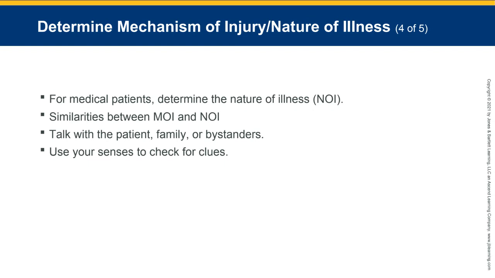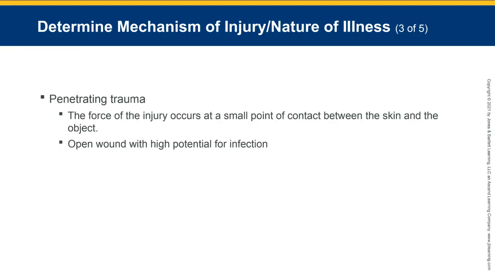Now, before I move to the nature of illness, what is important to note about the mechanism of injury is it is associated with trauma. And if we're thinking about trauma, we have to think about the forces involved, where they were applied, what type of body part was affected, what is underneath that area, and how that was affected.